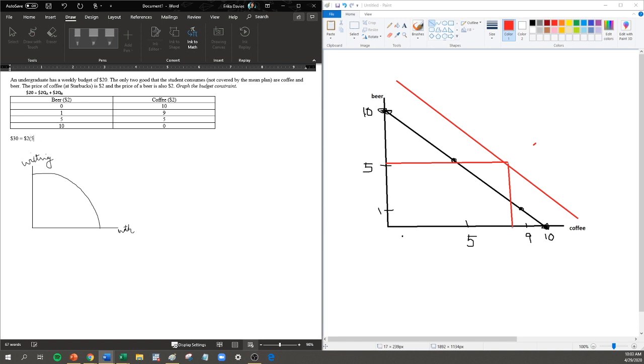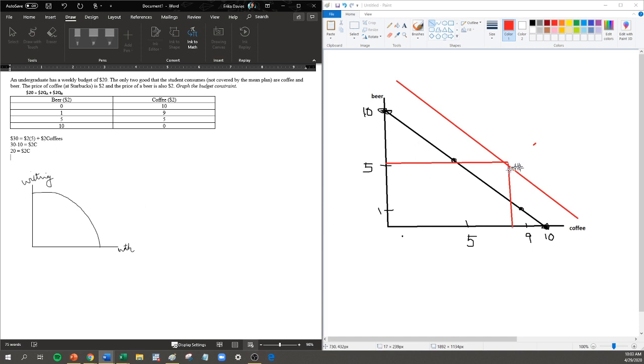And we've said in this example that we buy 5 beers. I want to know how many coffees I can afford now with our new budget. So 30 minus 10 equals $2 times coffee. So we can afford 10 coffees now.